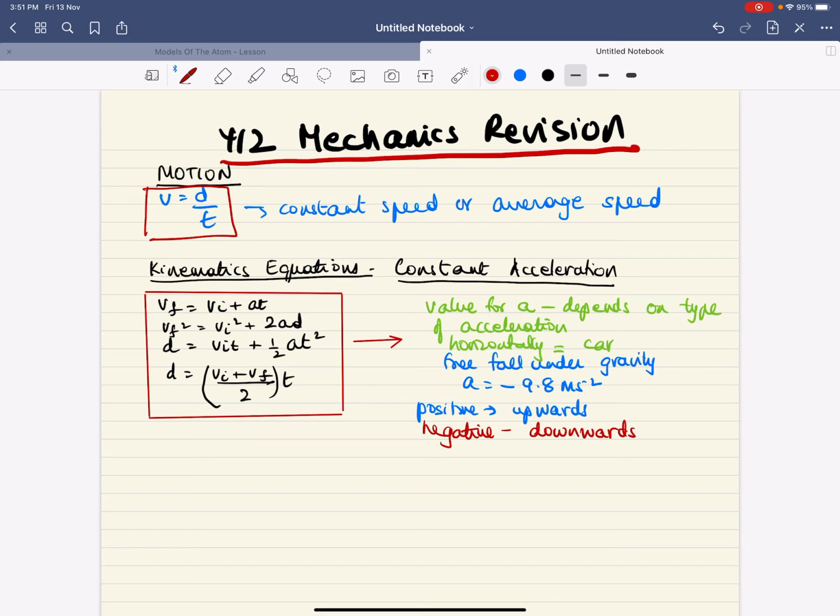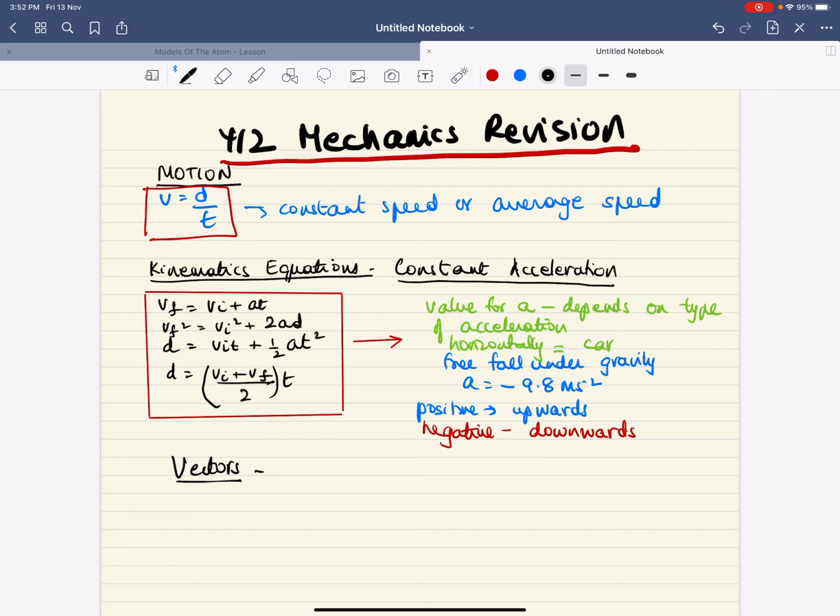That's how you solve those questions. This kinematic equation is used for horizontal movement, free fall under gravity, and also for projectile motion. But in order to understand projectile motion, you need to know about vectors.